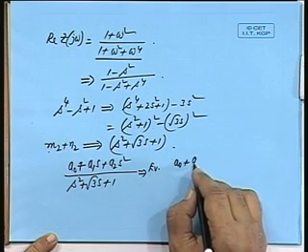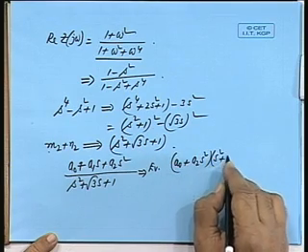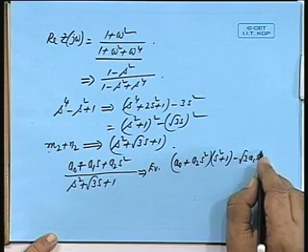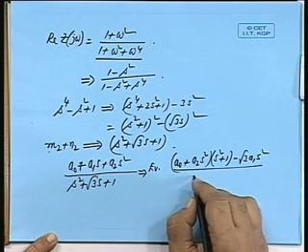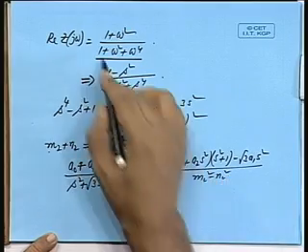(A0 plus A2 s squared) into (s squared plus 1) minus root 3 A1 s squared divided by m2 squared minus n2 squared, which is this.